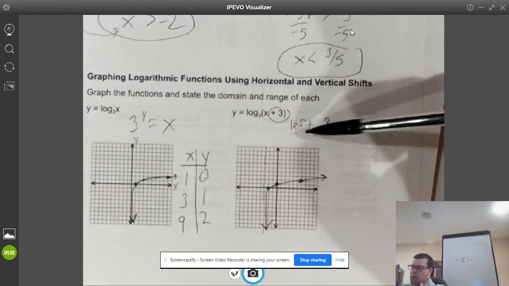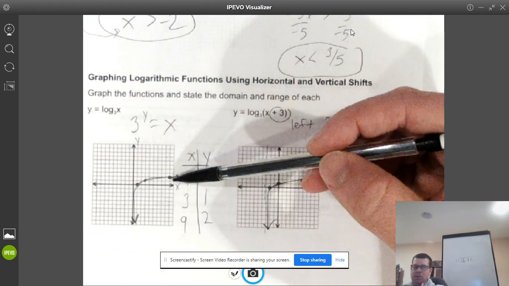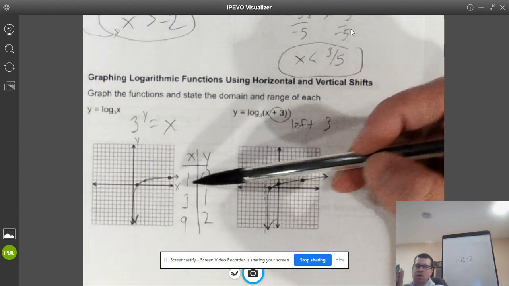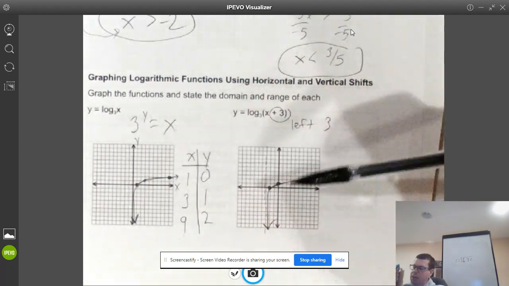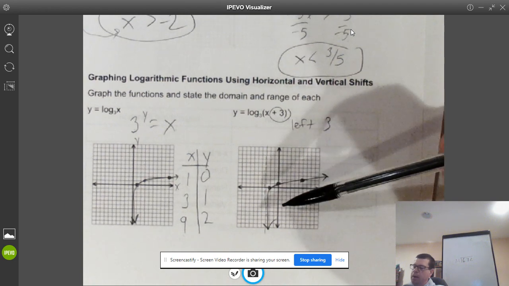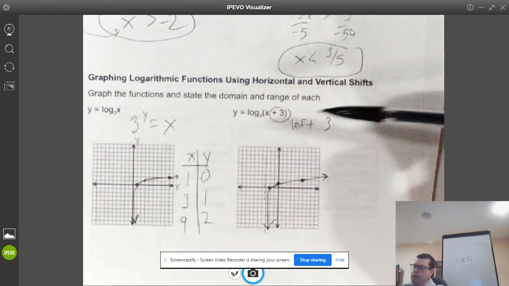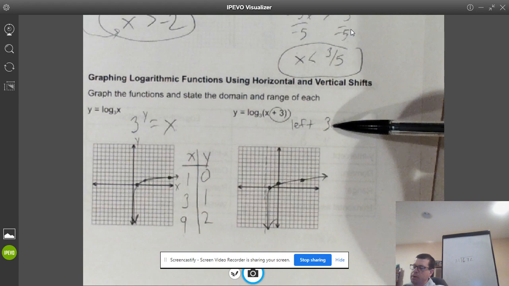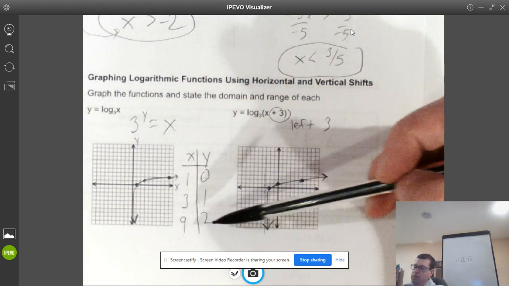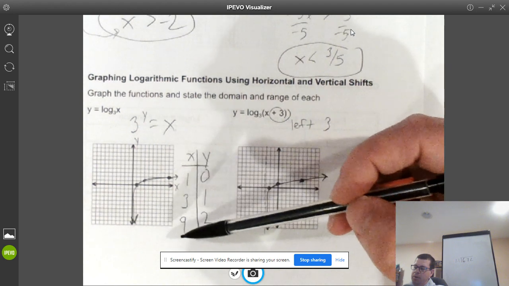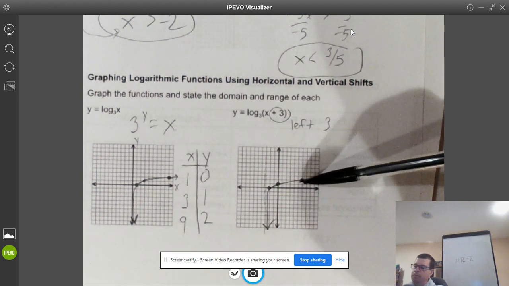So I took each of these points and shifted them left 3. So 1 comma 0, if I move that left 3 units, became negative 2 comma 0. 3 comma 1, if I move that left 3 units, became 0 comma 1. And 9 comma 2, if I shifted that left 3 units, became 6 comma 2.